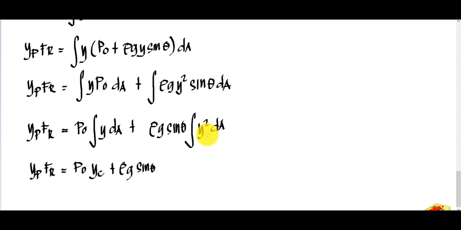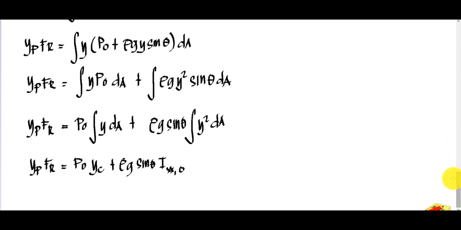The y squared dA becomes the second moment of area, also called the area moment of inertia. So this will become your I, Ixx, with subscript O. That will be equal to the integration of y squared times the differential area.